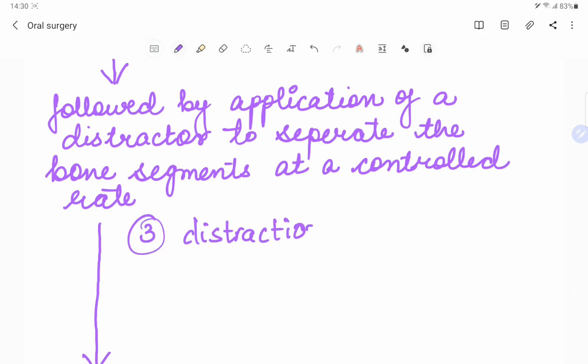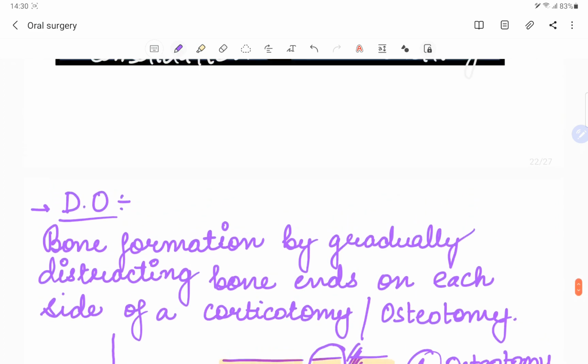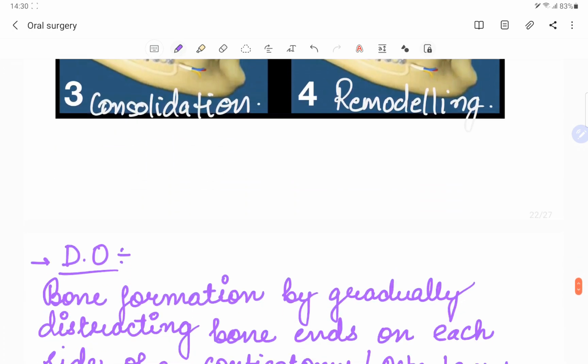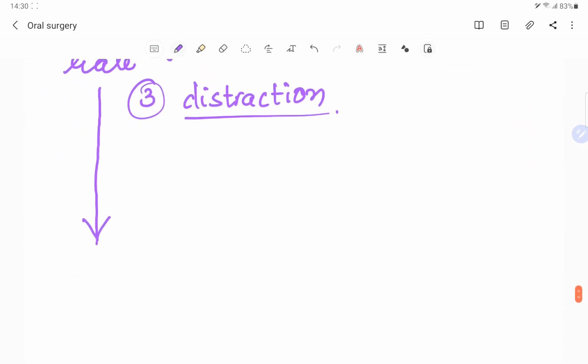That means placing a device like this, if you can see over here, and separating the two bone fragments. In that we will be studying two things. One is the rate at which we are separating the bone fragments, and the rhythm at which we are separating them. Then we leave it in its position so that bone formation in this particular space happens.